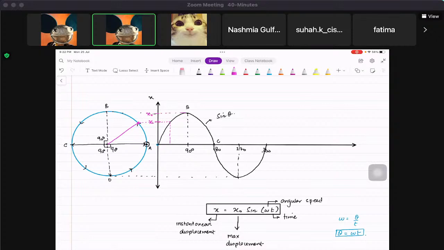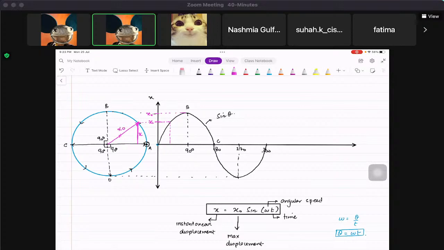So I'm looking at this displacement right now, which is this. I can also draw it like this. So this would be the displacement. So I can say this is x, and also if I'm saying that this is the total length, the pink line, this one, this is equivalent to x naught.